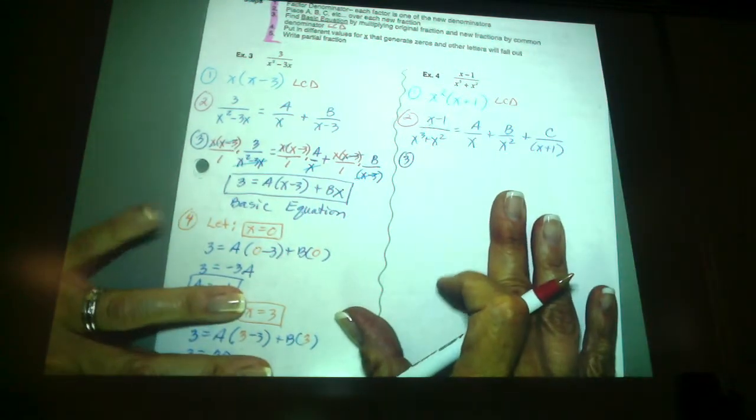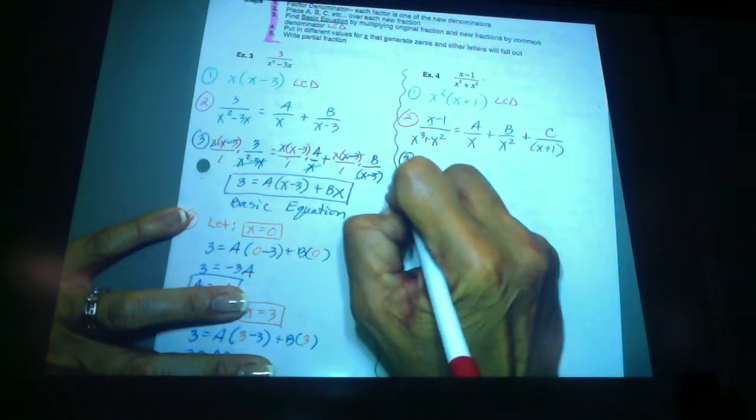How do we get rid of those fractions? What do we do? Multiply them all by the LCD, and this is our LCD right here. So write small, because we've got 4 fractions.